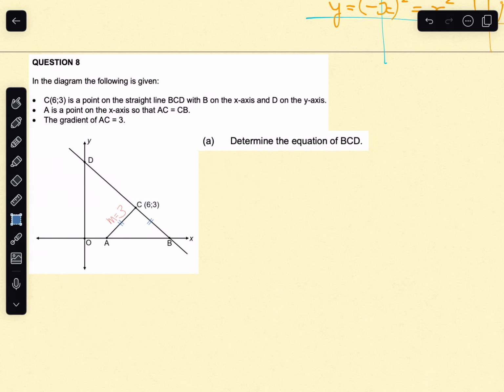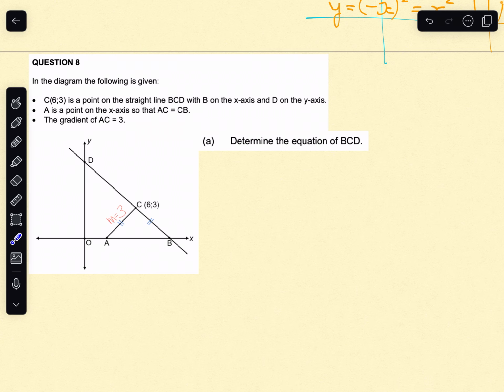So the first question says, determine the equation of BCD. How do I do it? Okay, let's see. We have C, a point on this line.